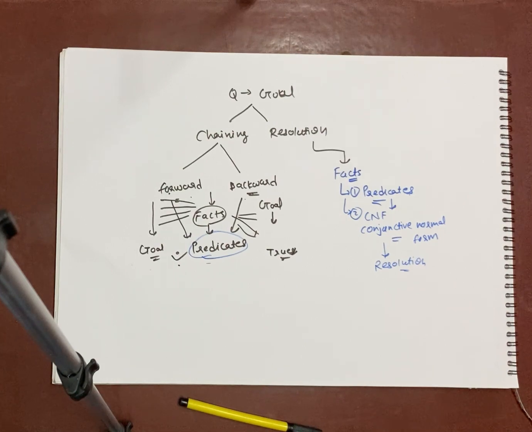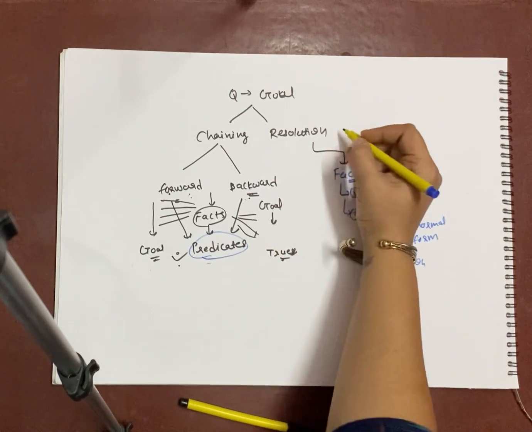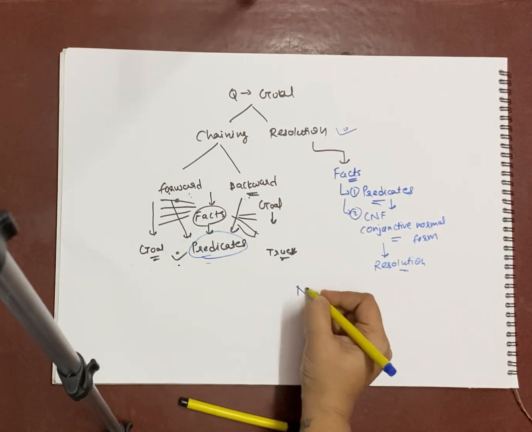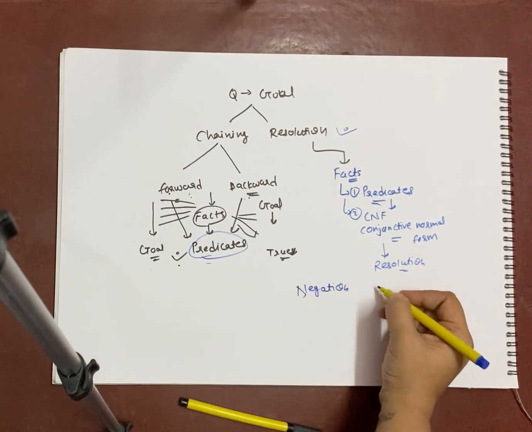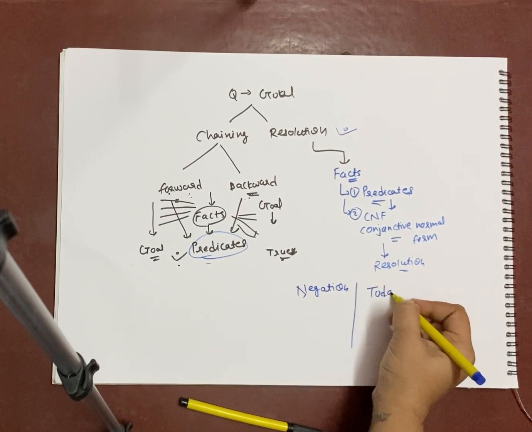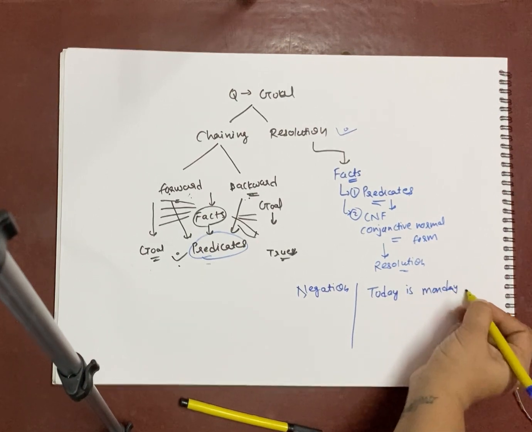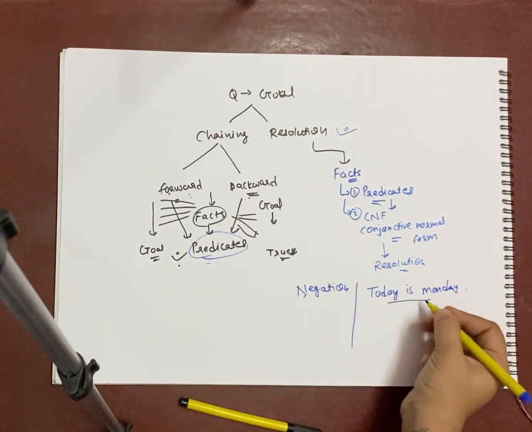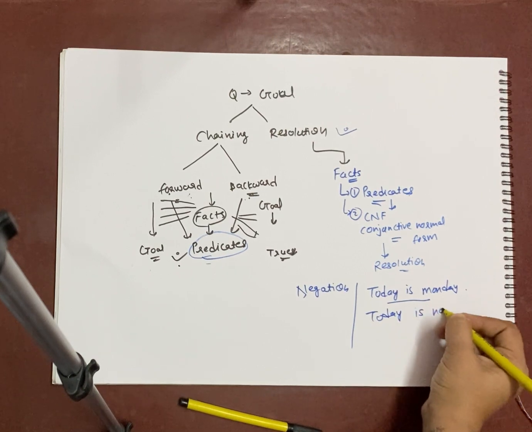If we compare the power of backward chaining and resolution, resolution is more powerful, but the methodology is entirely different. How is it different? Resolution works on the principle of negation. Suppose I want to prove that today is Monday. In resolution, I will assume that today is not Monday.